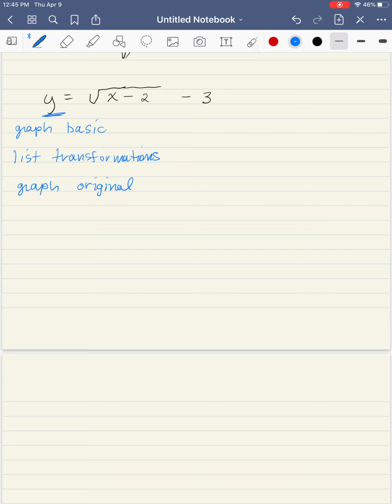And we're going to move from left to right as we do that. So I want you to see if you can do the first 2 steps. Identify your basic graph, graph it, plotting a couple of points, then list your transformations. And I'll give you a hint on this one. We have 2 separate transformations, so list each one separately. And then we'll look at graphing my original function. Pause the video, try that, and then check back.